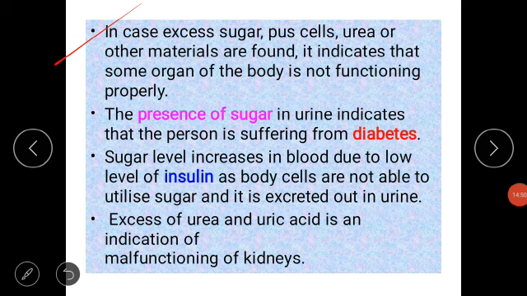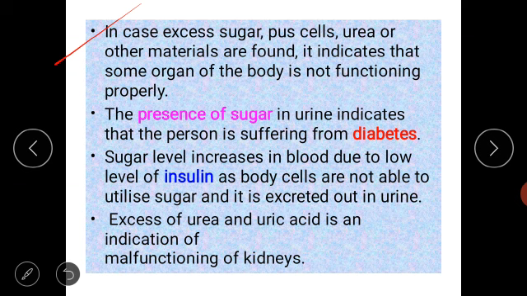Let me repeat once again. The presence of sugar in urine indicates that the person is suffering from diabetes. Sugar level increases in blood due to a low level of insulin, as body cells are not able to utilize sugar, and it is excreted out in urine. So that can be examined and detected in the laboratory.